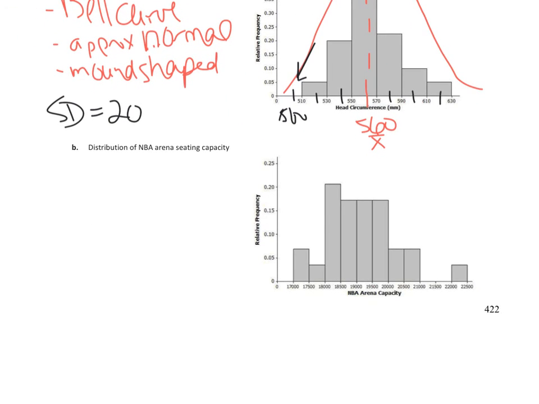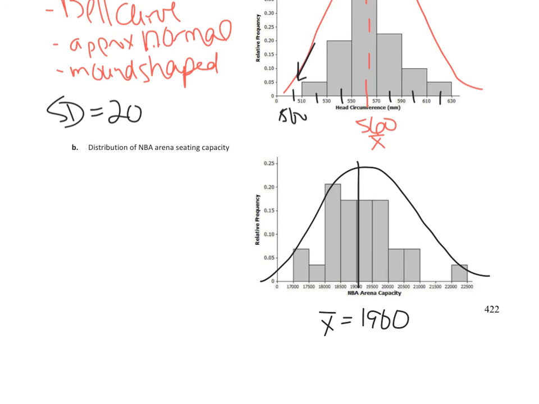Okay, here's another example. This is mound shaped also, because I can draw kind of like a bell curve over it. I'm going to try to find the center. This looks like a good center, about 1,900, so my mean would be about 1,900. And remember, I need to count 3 above and 3 below.